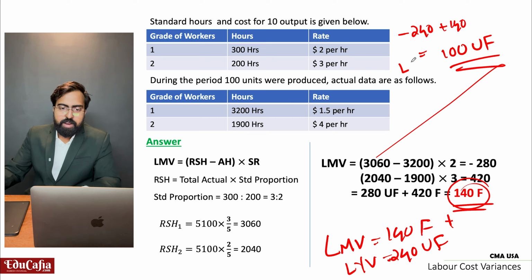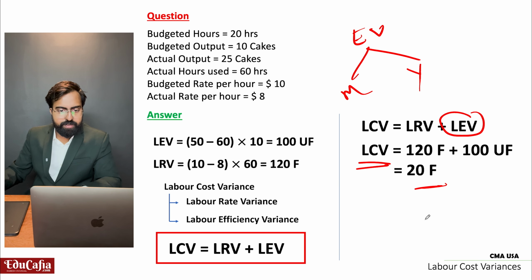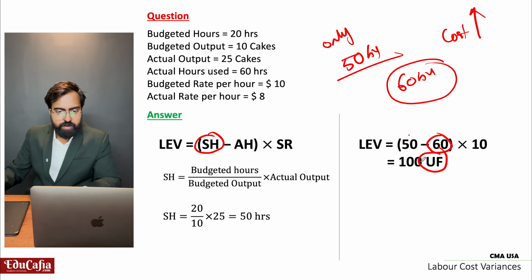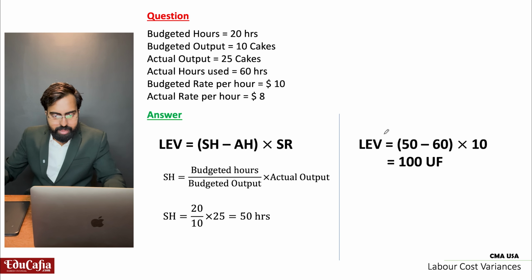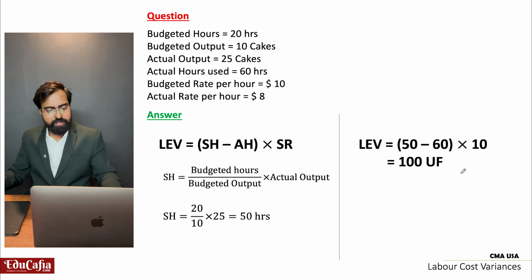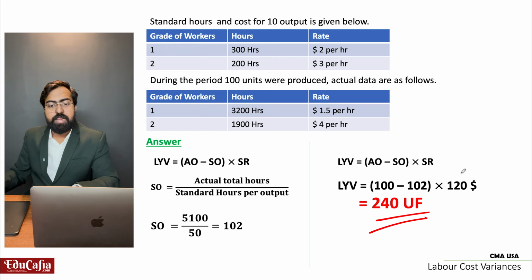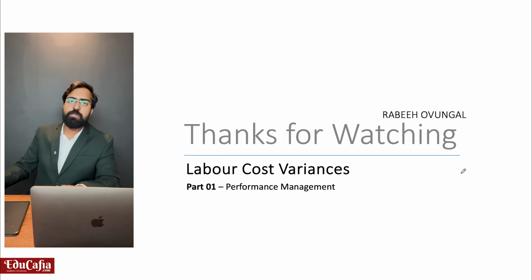That is our labor efficiency variance. What is labor efficiency variance? Labor efficiency variance is equal to 100 unfavorable. We got it right. So through that also you can calculate labor efficiency variance.